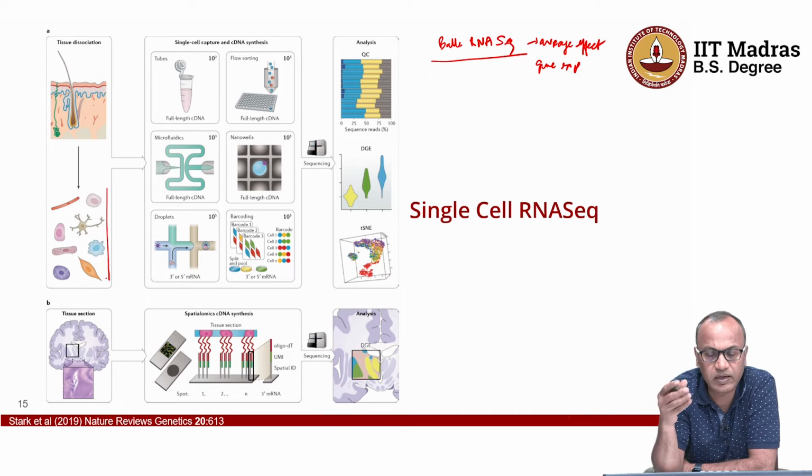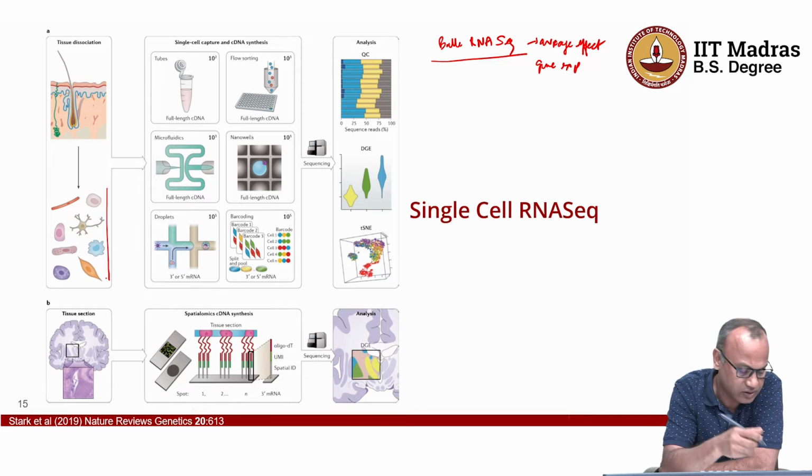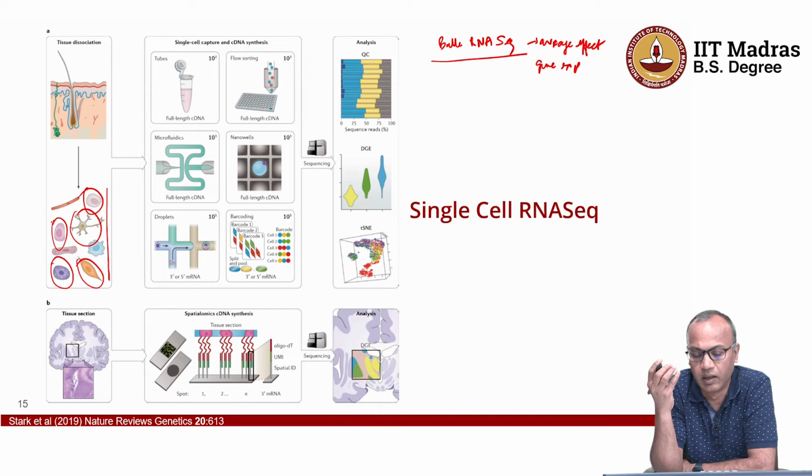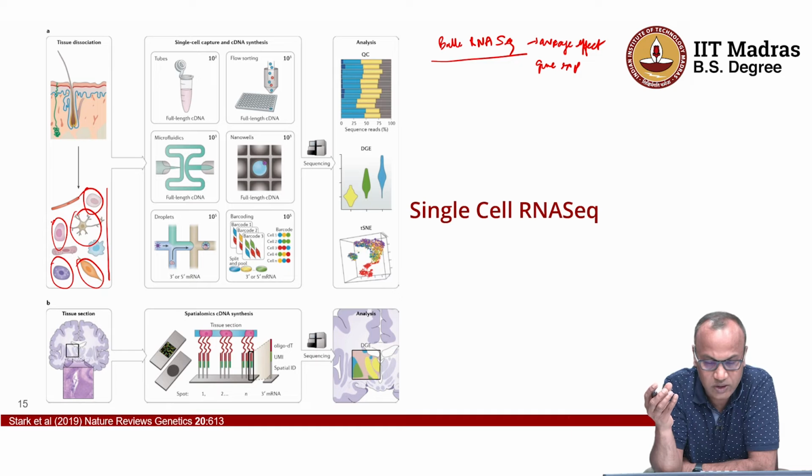And once you have done that, you would have groups of cells which are phenotypically identical. So for example, you'll have all the muscle cells together, all the normal cells together, all the neurons together, all the blood cells together, like that. And then you can do the sequencing.